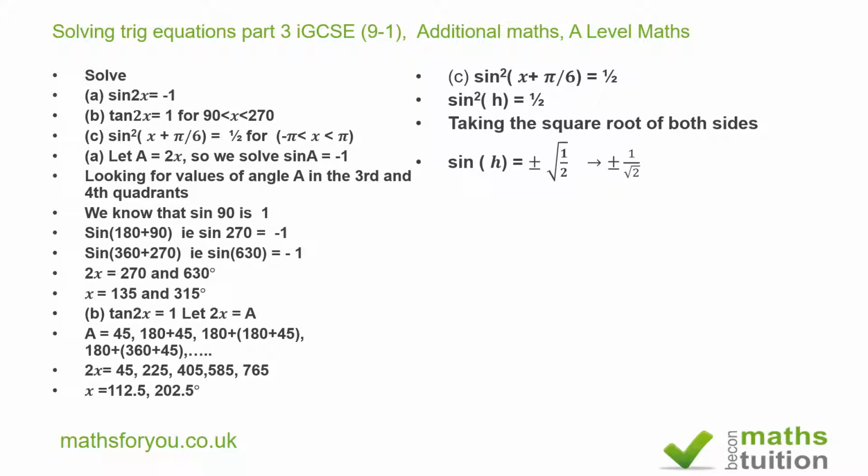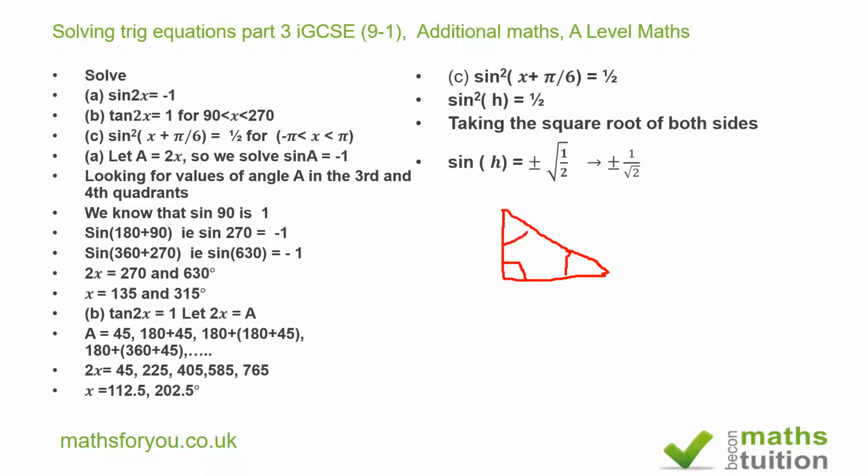Now, because this is a non-calculator paper, you should know that if you have a right-angled isosceles triangle, that's 90 degrees there.